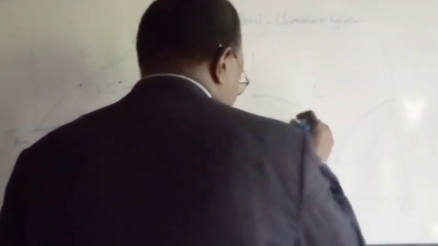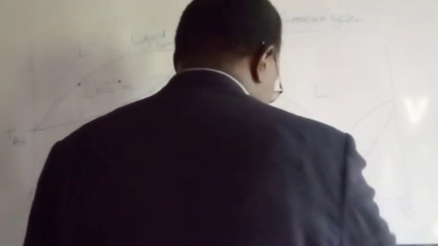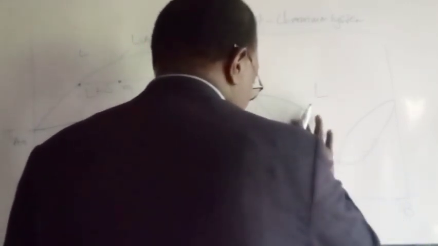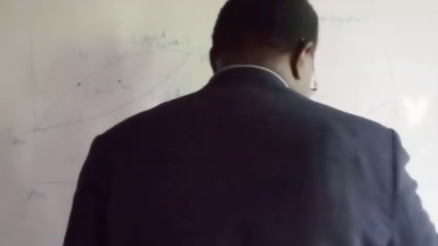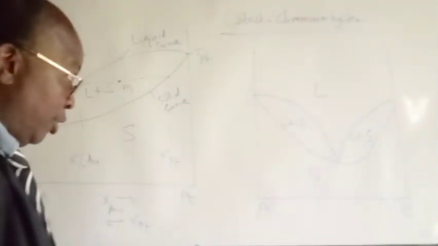So here what we have is L and A, that's the liquid, and the solid solution. And here we have again L plus solid solution, L plus solid solution there.